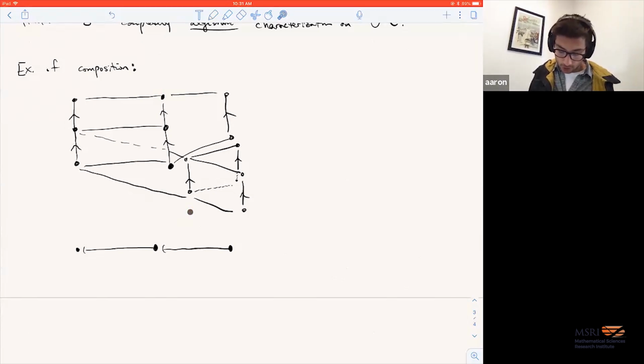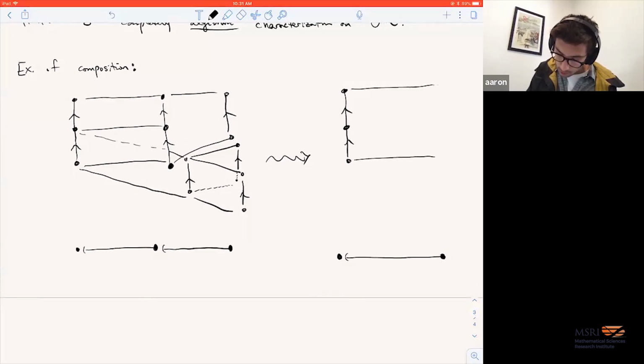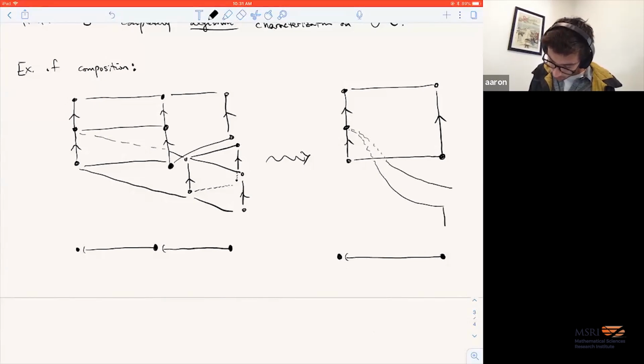And I need to describe for you a way of composing, which is to say, I take these two composable morphisms and I name for you a single morphism. The output looks like this. On the one hand, there's this one upper sheet that's oriented like that. And also there are these two lower sheets that split apart.